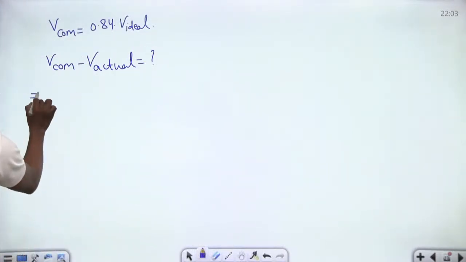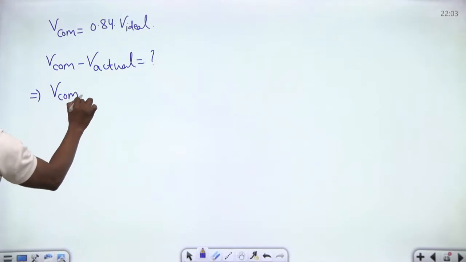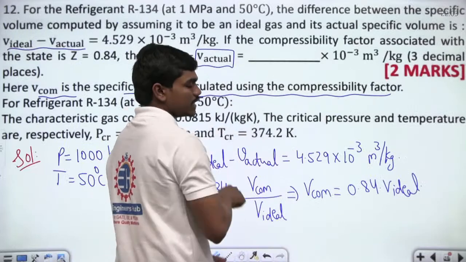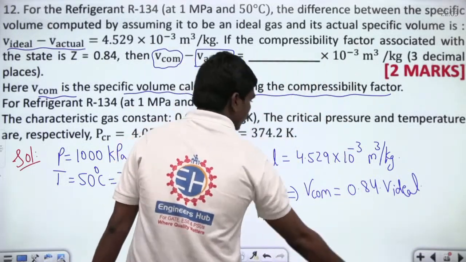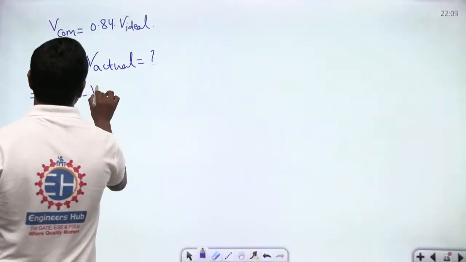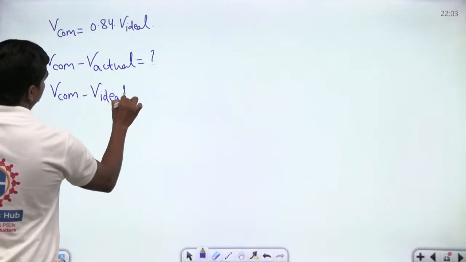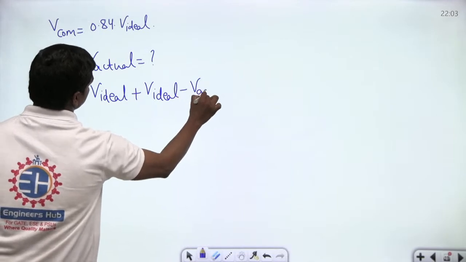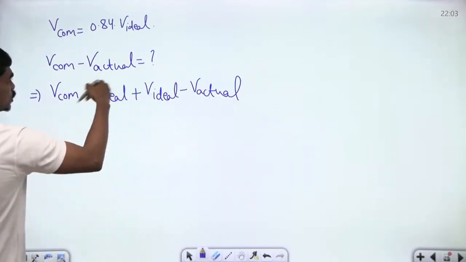Now what can we do? V com minus V actual. We know the relation between V ideal minus V actual. So here we'll subtract one V ideal and add one V ideal, minus V actual, because you can cancel these two terms at the end.